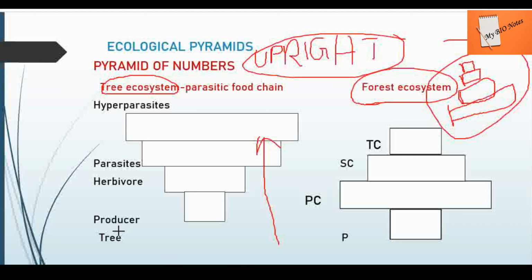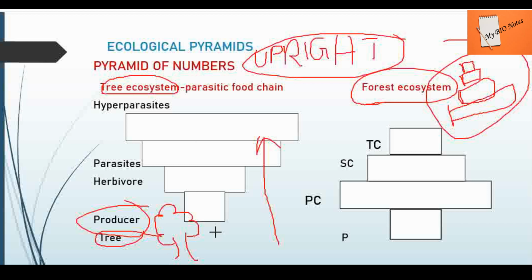How come? Take a tree ecosystem: at the base you will have a tree. A single tree is a producer. Imagine a tree, it is the producer.